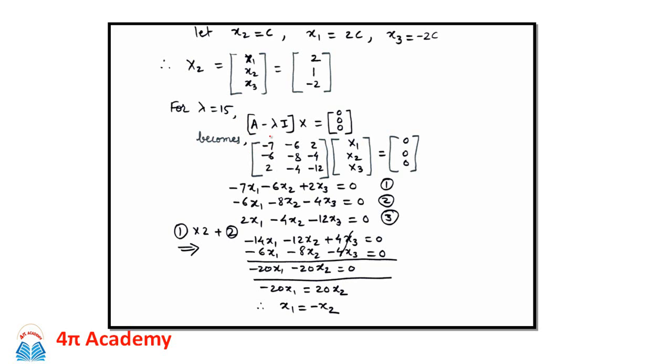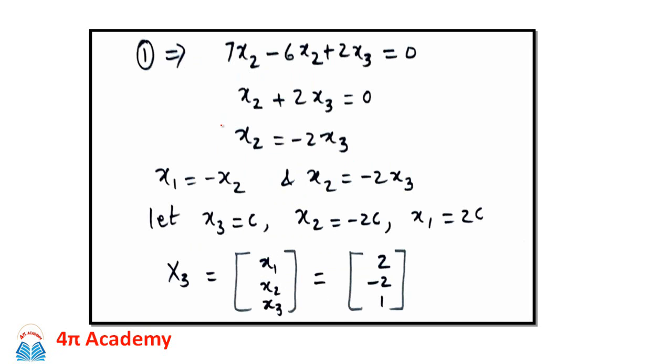You have to subtract 15 from each element of the principal diagonal, so that matrix will be equal to minus 7 minus 6 2, then minus 6 minus 8 minus 4, 2 minus 4 12, times x1 x2 x3 equal to 0. So again we get a system of three simultaneous equations, and by solving this we get x1 is equal to minus x2.